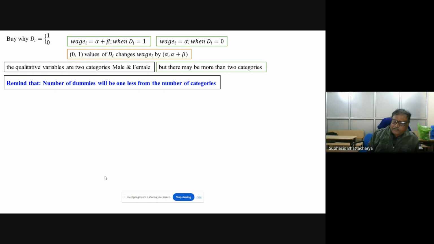For example, in your caste example, if there are, suppose, general caste, scheduled tribe, scheduled caste and other backward castes, so there are four categories. How many dummies do you have to introduce there? One less. That means you have to introduce three qualitative variables instead of four. We can use four, but that is a special case and I will not discuss it. This is a general rule: the number of dummies will be one less than the number of categories.